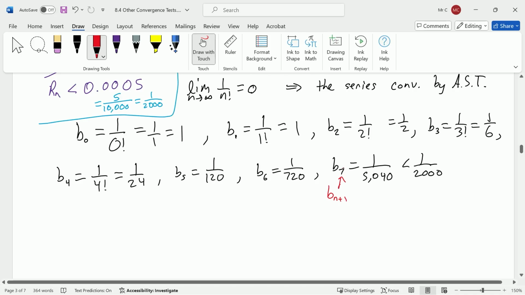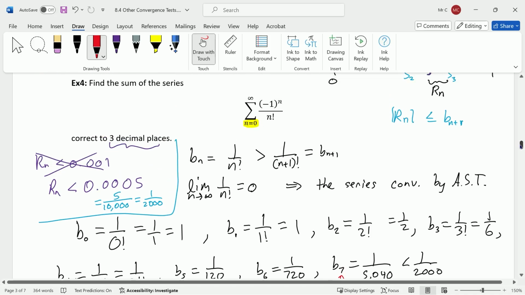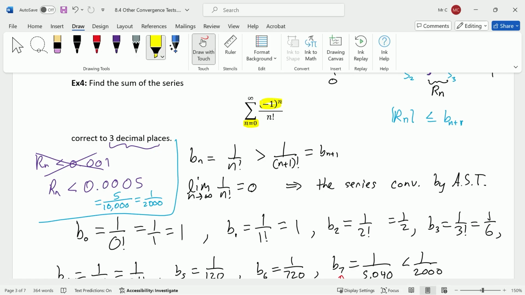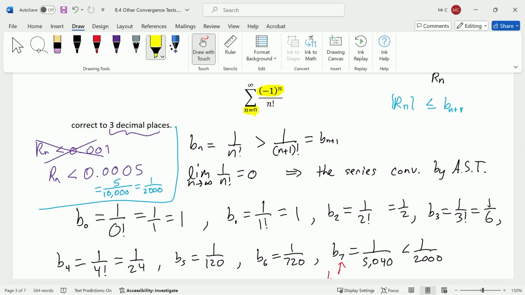So what I'm going to do is add up all the terms before. But remember, when looking at b sub n, we weren't considering the fact that these terms are alternating. So we start when n equals 0 with the positive term.